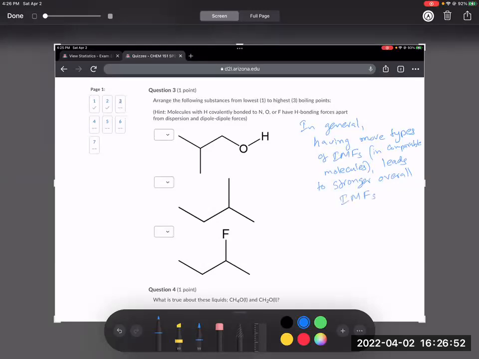Now, when it comes to the middle molecule over here, you only have carbon and hydrogen in this molecule.